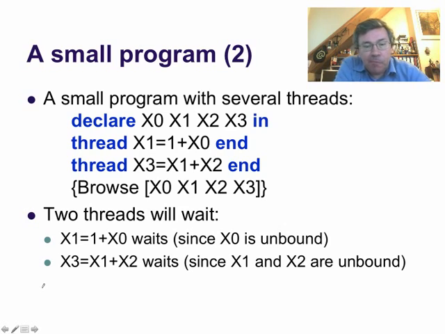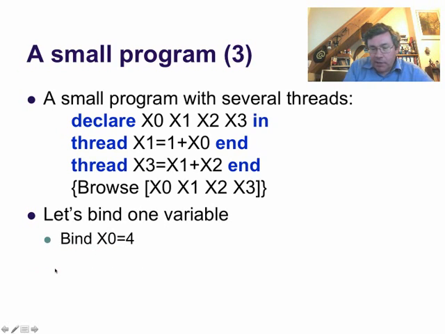Let's continue now. These two threads will be created and they immediately will wait. x1 is 1 plus x0 will wait since x0 is unbound, and x3 is x1 plus x2 will wait since both x1 and x2 are unbound. Okay, now let's do something. Let's bind a variable.